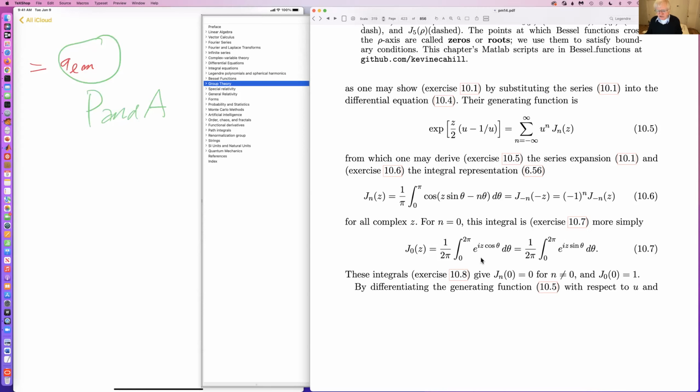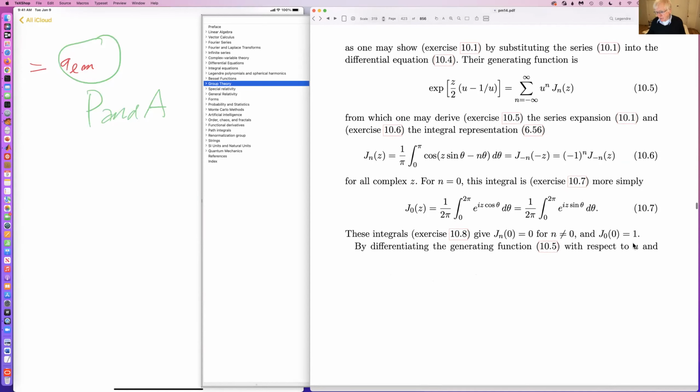If you set z equal to 0, you have just the integral of 1 integrated from 0 to 2 pi, divided by 2 pi, you get 1. So J0 of 0 is 1.